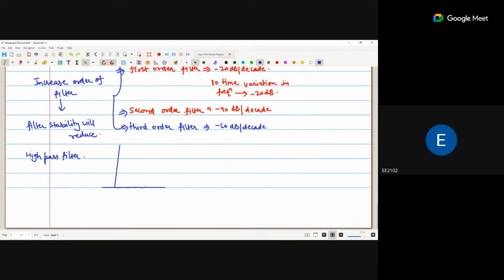Now similarly for the high pass filter, in the ideal response, lower frequencies will be stopped and higher frequencies will pass. And practically, the response is like this: this is the gain, this is the frequency, and that is omega c, the 3 dB point.